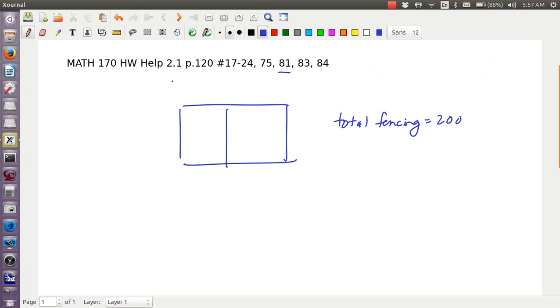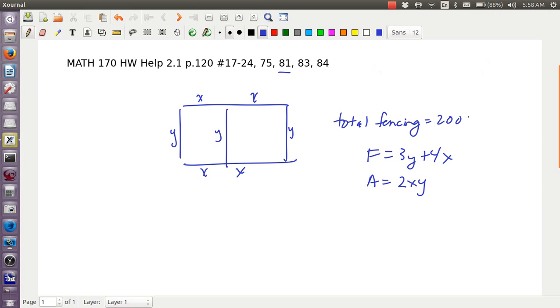But for example, let's see, this distance has to be x, x, x, x, and this is y, y, y. So the total fencing is going to be like 3y plus 4x, but the total area is going to be 2x times y. That's the kind of thing you're looking for. Construct a table showing possible values of x and the corresponding areas of the corral.